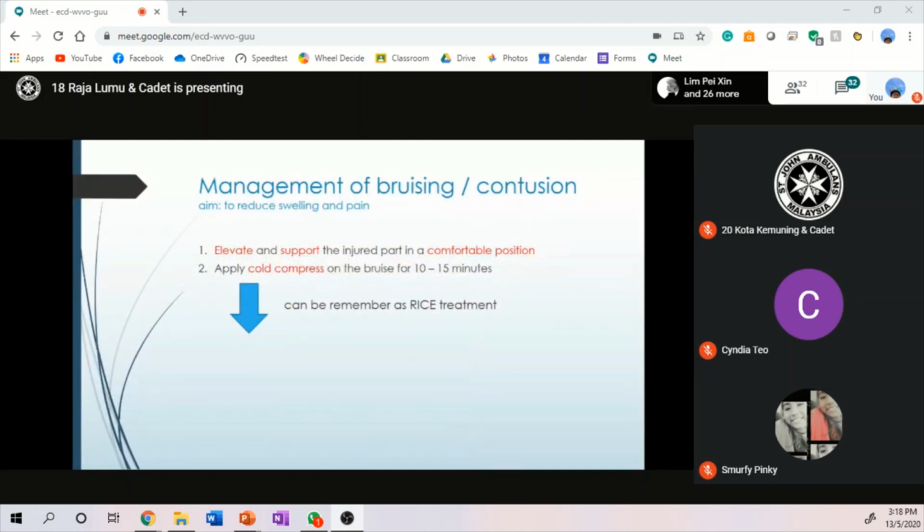Okay, and you all can remember it as RICE treatment, not nasi rice. It has a meaning. Okay, RICE treatment. The R stands for rest, the I stands for ice, C stands for compress, E stands for elevate.